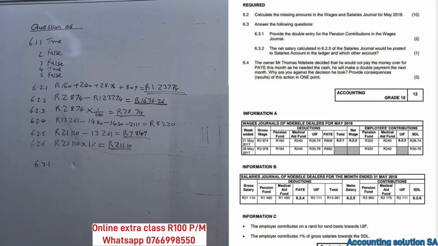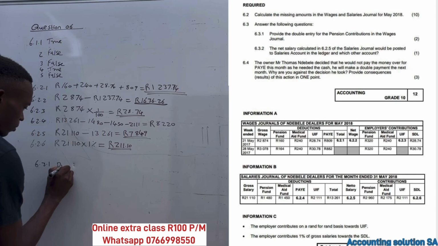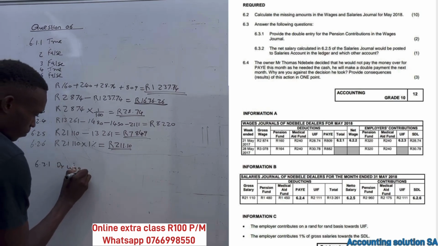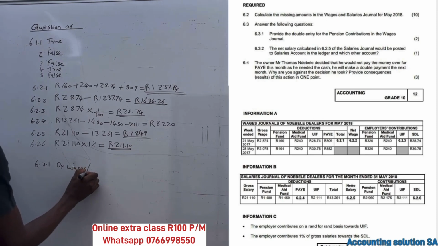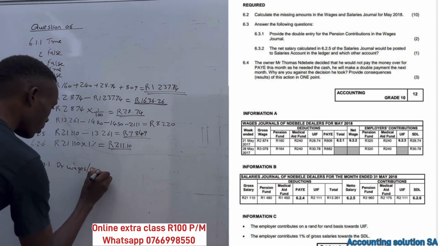So for the double entry for pension fund contribution, remember, wages you have to debit because it's an expense. You can debit wages or you can debit pension fund contribution, it's still fine.